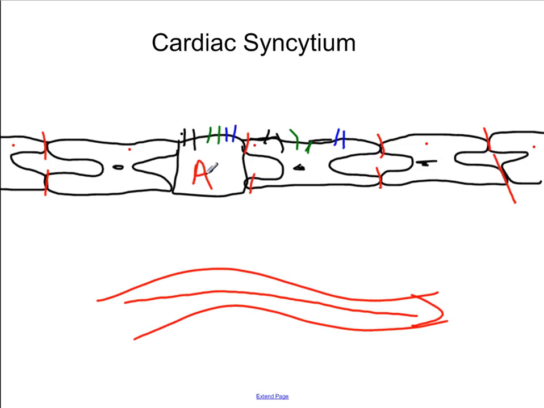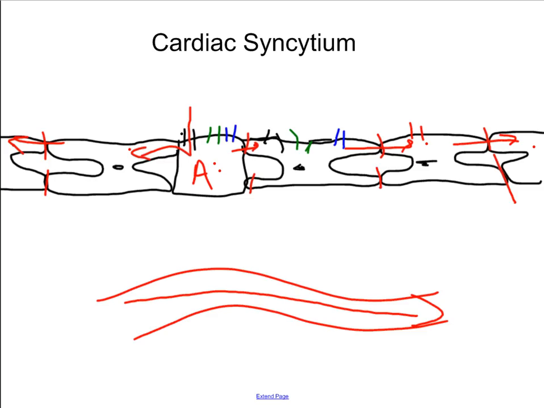And as these depolarize and repolarize at certain rates, once the depolarization occurs, it's going to be transferred to the adjacent cardiac muscle cells. Then this cell is going to depolarize, and the action potential will be transferred to this cell. Then this will undergo the events of depolarization, repolarization, and so on. You get the picture. So that's something to keep in mind.